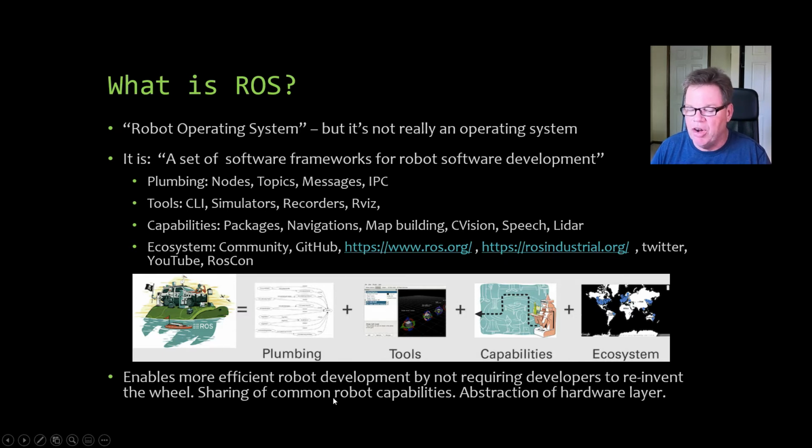Also, there's sharing of common robot capabilities, so having a community with a shared way of developing robot capabilities allows a lot of people to work on individual capabilities. And finally, it allows for the abstraction of the hardware layer, so you can use ROS on a lot of different things that are robots, or even things that don't look much like robots. Anywhere you want parts of a mechanical thing working together, ROS is useful.